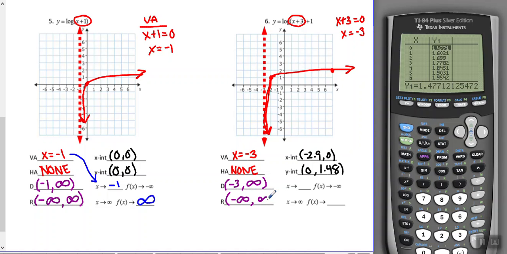Farthest up I can go is positive infinity. Then we have our end behavior. So again, x is approaching some number as my graph approaches -infinity. So as my graph approaches -infinity, it's also going towards -3. Again, the asymptote and your end behavior should match. Then as x approaches positive infinity, my graph is also approaching positive infinity.